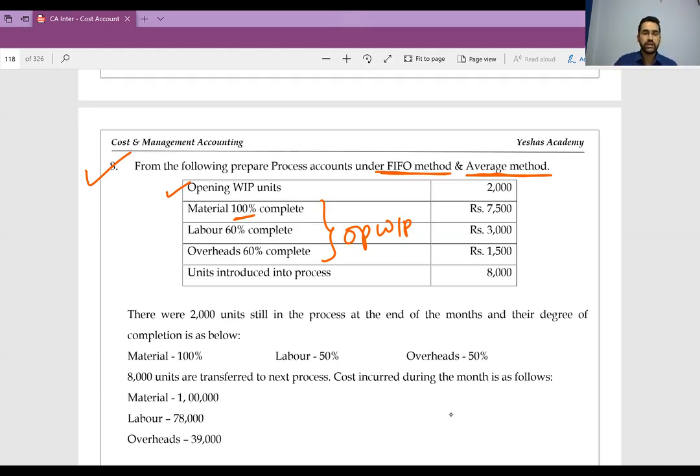Okay. Units introduced into the process. This is your fresh input for the year. There were 2000 units still in the process. That means this is your closing WIP at the end of the month, and their degree of completion is 100, 50, 50. Now don't get confused. This 100, 60, 60 that I read is opening WIP's degree of completion.